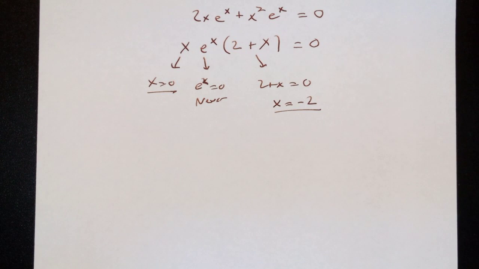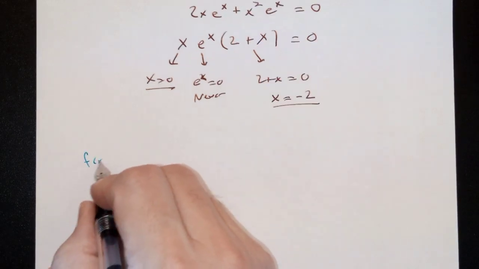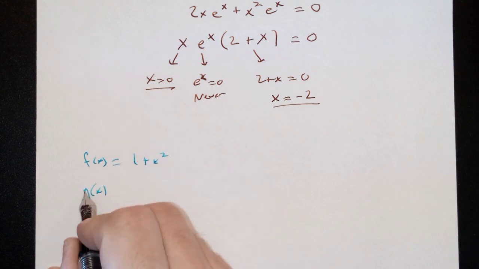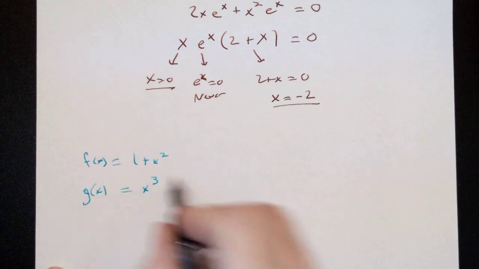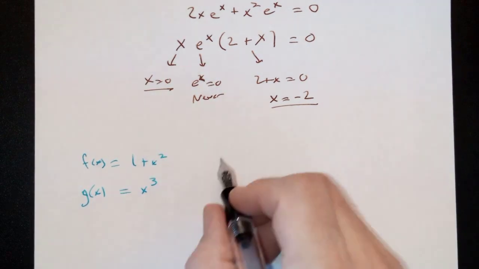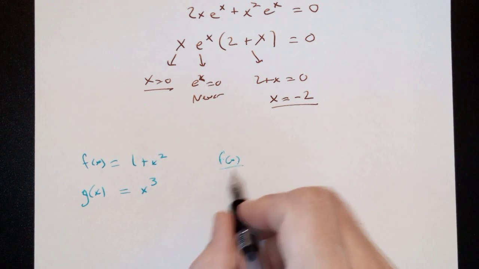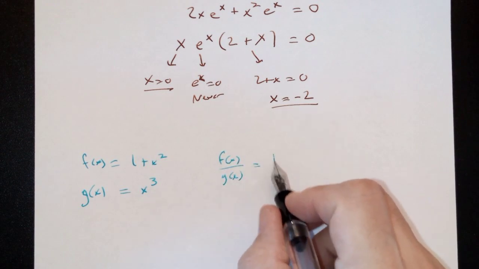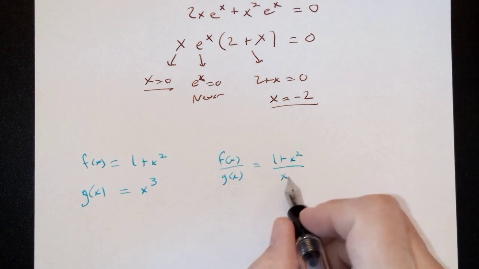If I can do it for multiplication, you should be able to do it for division. If I look at f of x over g of x, that's 1 plus x squared over x cubed.